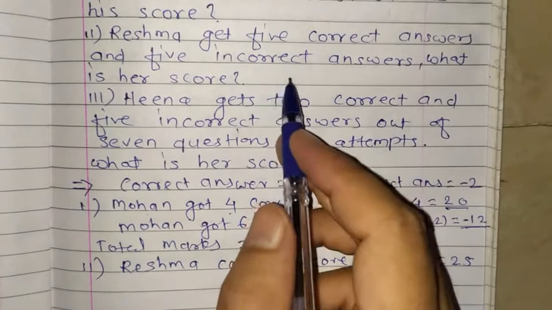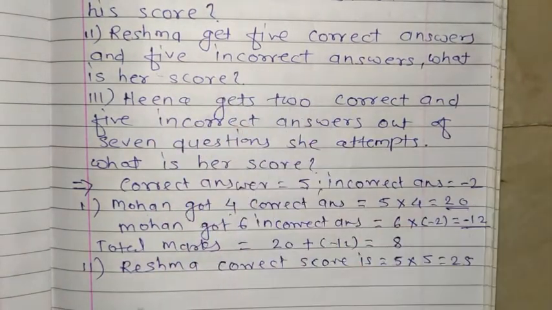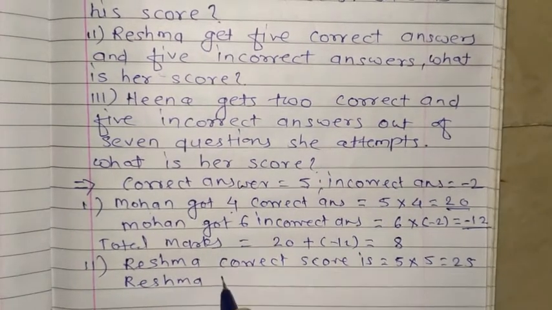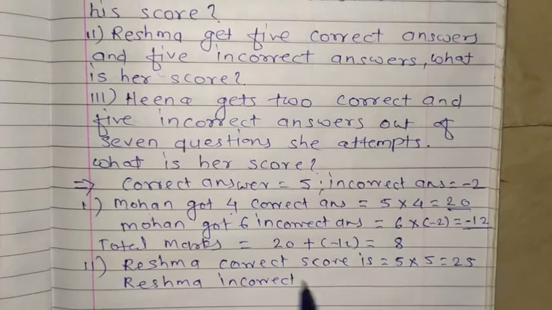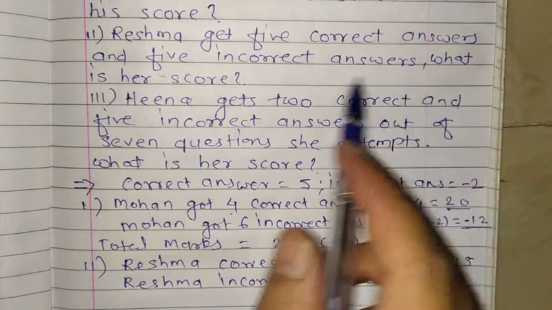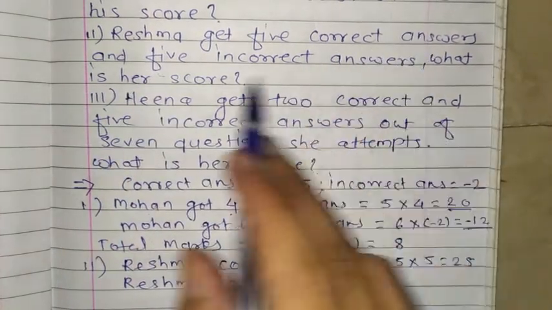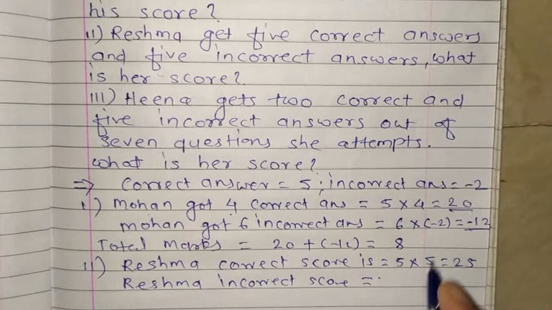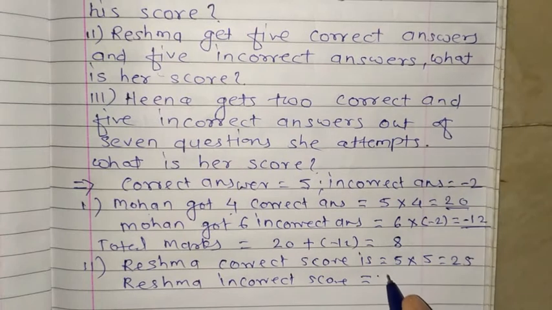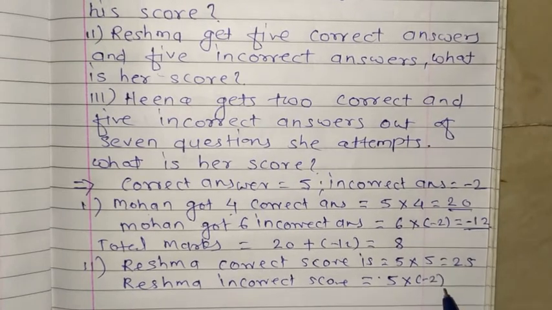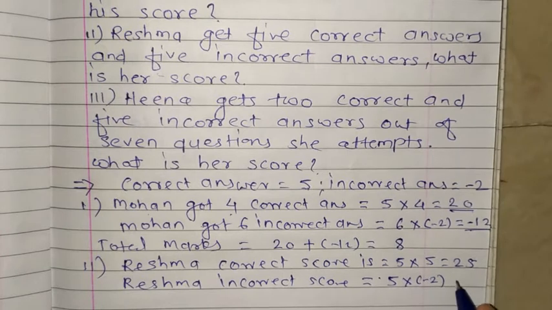Then we will see incorrect. She got 5 incorrect answers. Reshma incorrect score. Reshma got 5 correct and 5 incorrect. So 5 incorrect means what? For that negative marking is there, 2. So we can write here 5 into -2, because for negative, -2 is there.